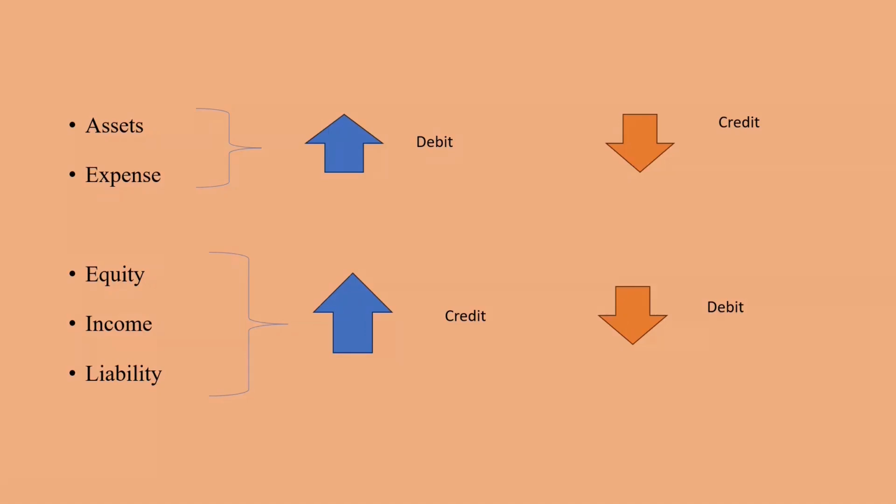When the equity, income, and liabilities are increasing, we write it on the credit side. When the equity, income, and liabilities are decreasing, we write it on the debit side. It's kind of messy, isn't it? Don't worry, we are going to discuss some examples and then you will understand this easily.